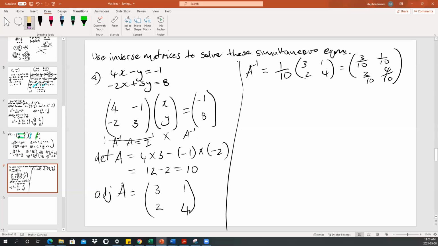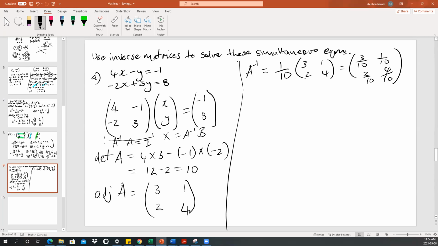Call this B. All right. So we have the multiply now. And of course, the order matters. They want to have A inverse multiplied by B, right?